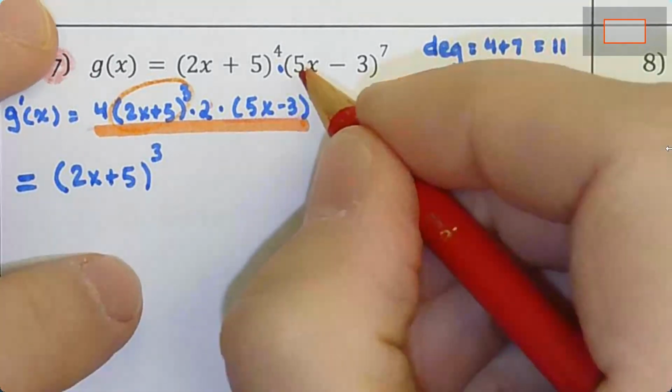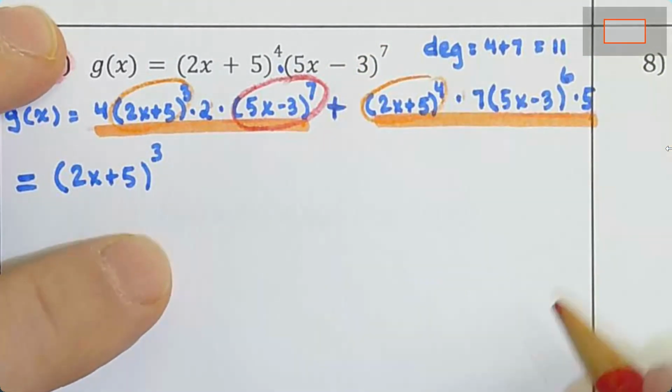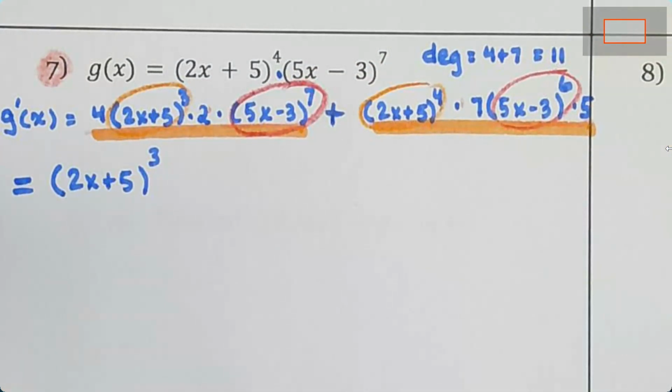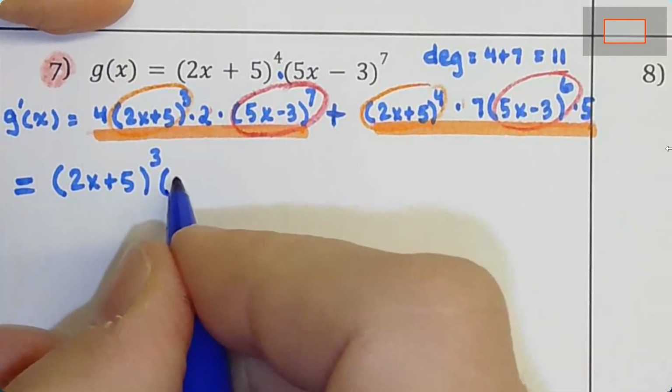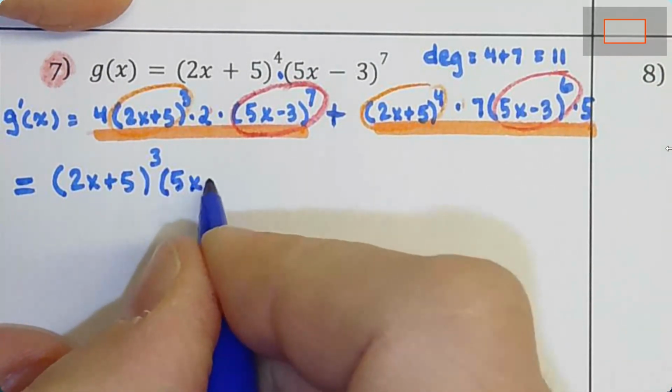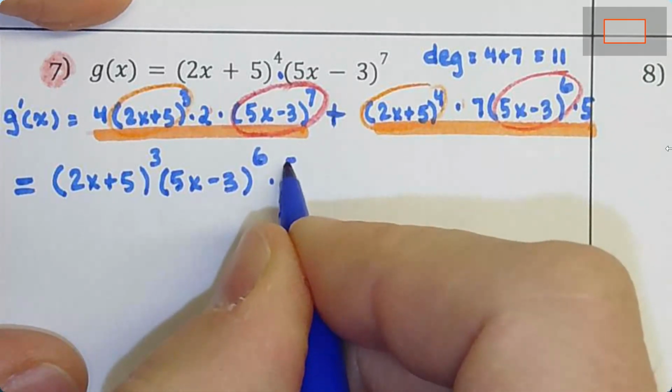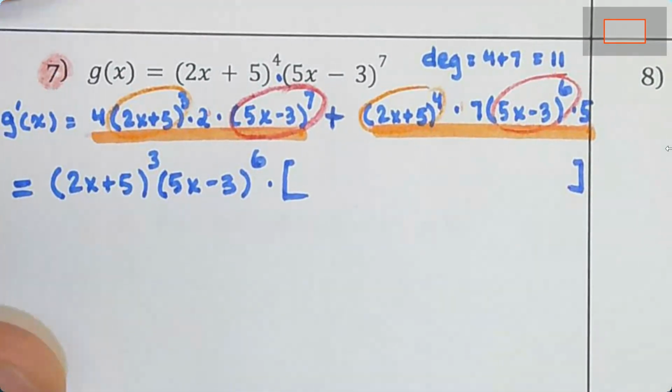And then right here I have something to the 7th, and here I have to the 6th, so I can factor out 6 of those. And then let's look at what we have left.